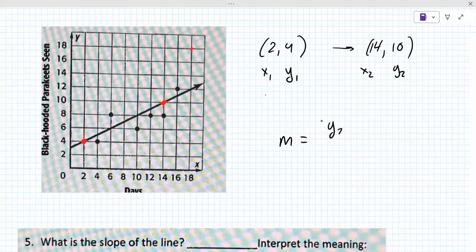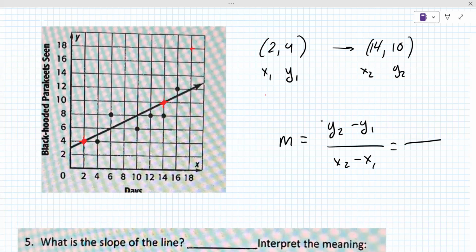I'm going to write the formula again. 10 minus 4. Yeah. Can you go ahead and work that all the way out and simplify as much as possible? It reduces down to 1 over 2.